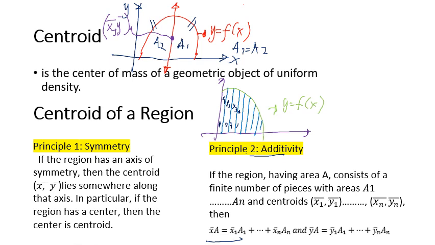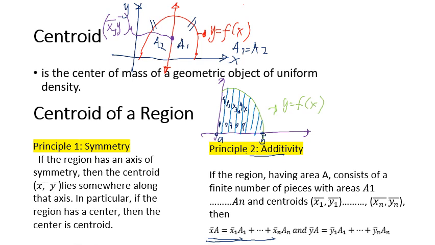Area 4, x sub 4. Area 5, x sub 5, and so on and so forth. That is why integral calculus comes in, because integral calculus will add them up from our lower limit, which is a, to the upper limit, which is b. So to get the center, you could use this formula.